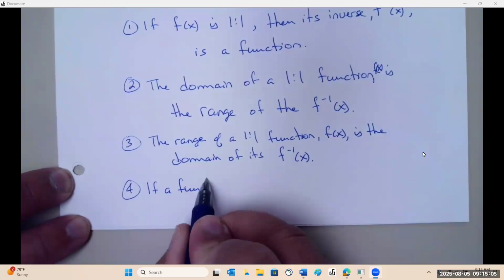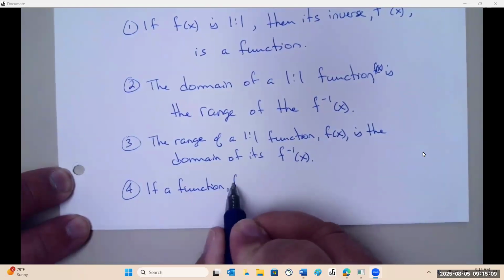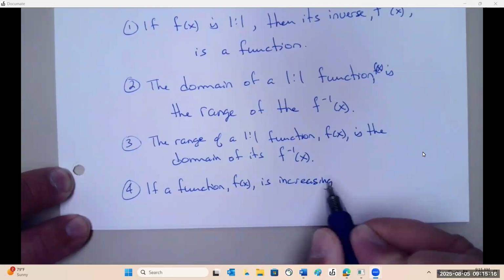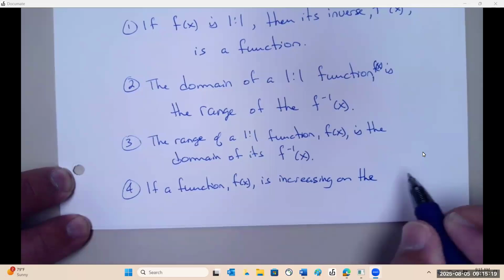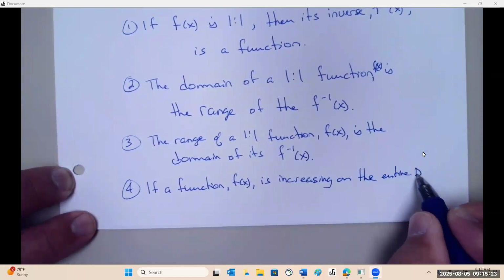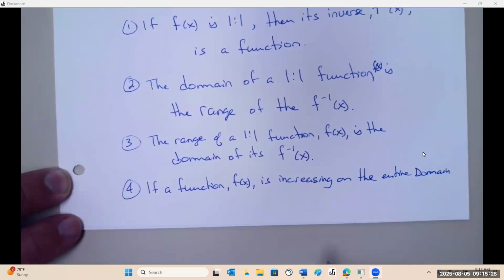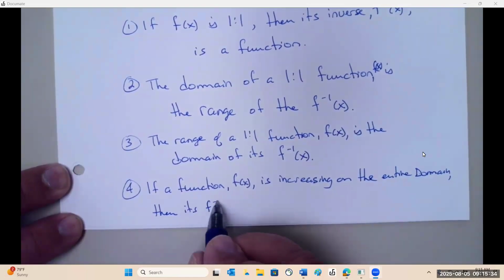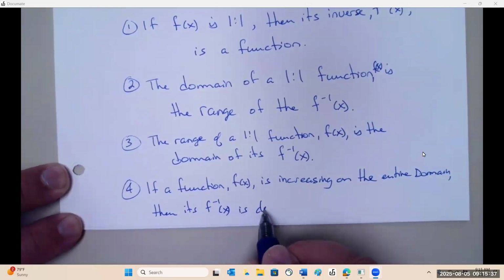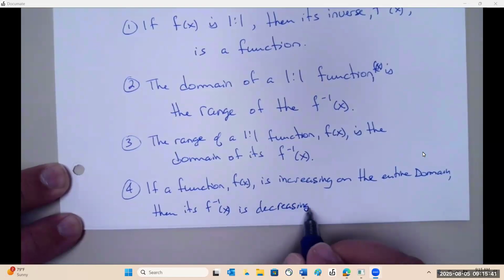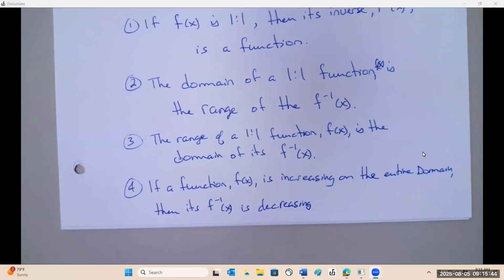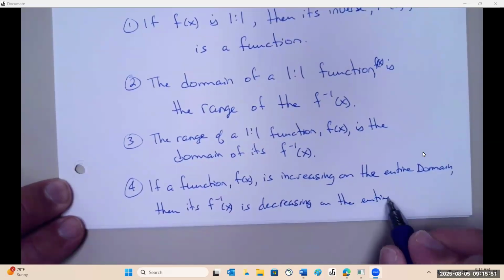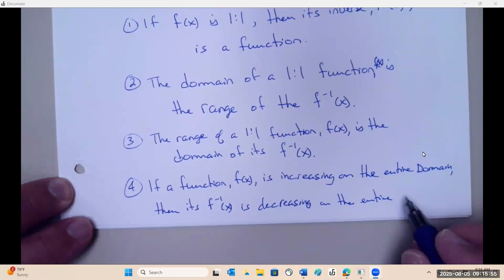If a function f of x is increasing on the entire domain, then its inverse is decreasing on the entire domain of its function.